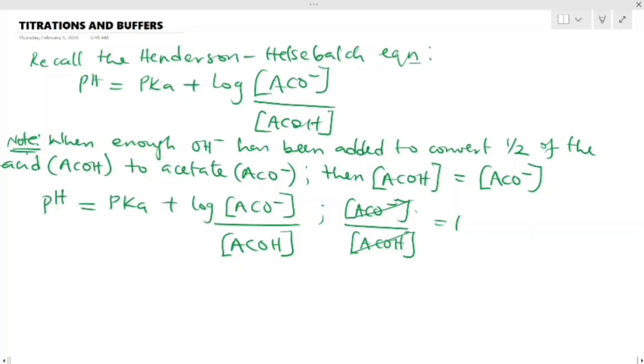And if you take this one and put it in this equation, what you now have is pH is equal to pKa plus log 1. And we all know that the logarithm of 1 is equal to what? 0.